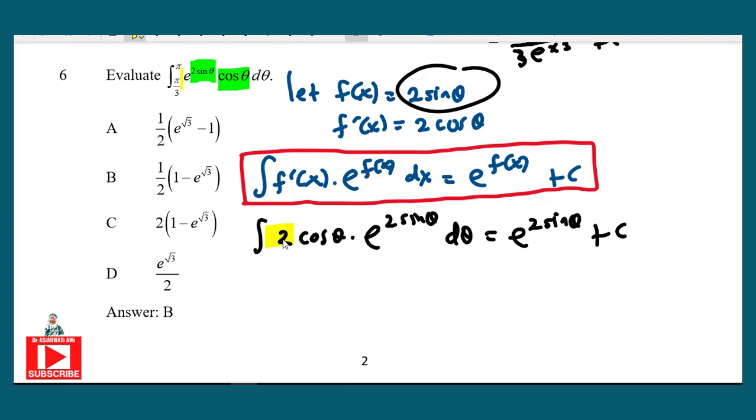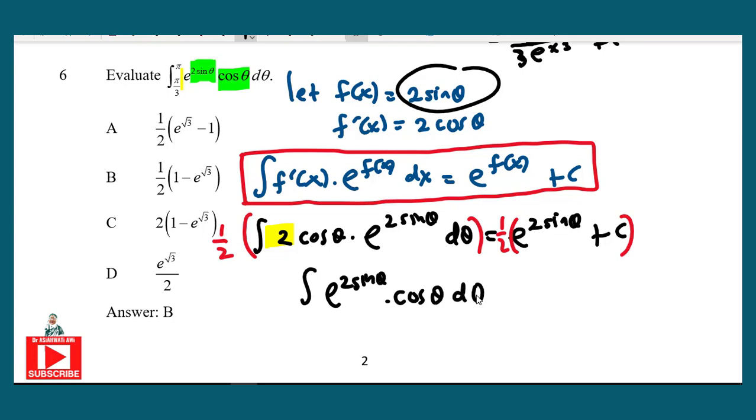So we have to get rid of 2 by multiplying both sides by 1 over 2. Then simplify and write it the same as the question. The integral of e power 2 sin theta cos theta d theta is equal to half e power 2 sin theta.